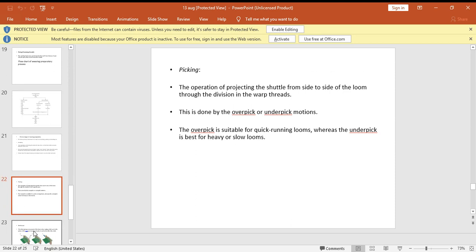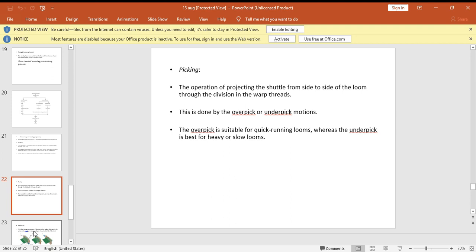This is shedding. And coming to picking. Picking is the operation of projecting the shuttle from side to side of the loom through the division in the warp threads. This is done by the overpick or underpick motions.